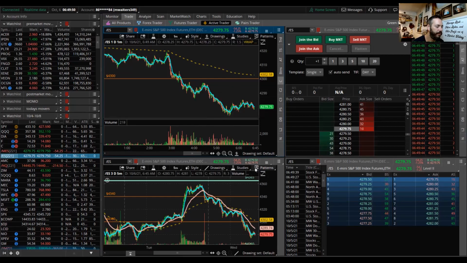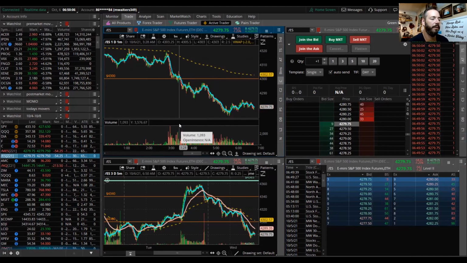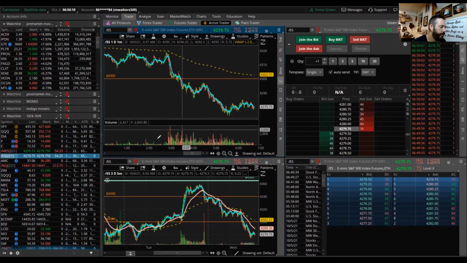Maybe a move back up to 4,300 at least, maybe more, before where it crashed down here would be even better to then take shorts, put contracts on during the trading day. I just don't know at this point. We're just going to have to wait and see.